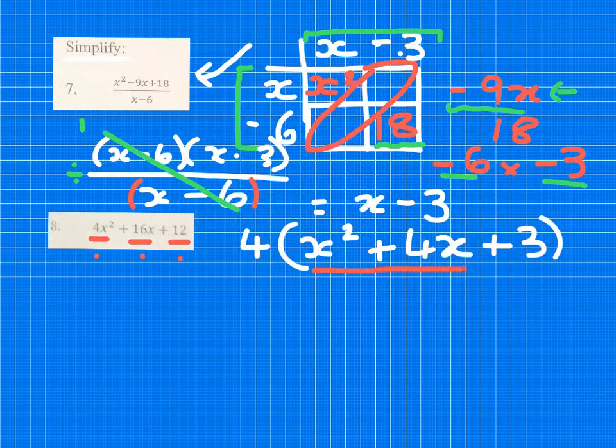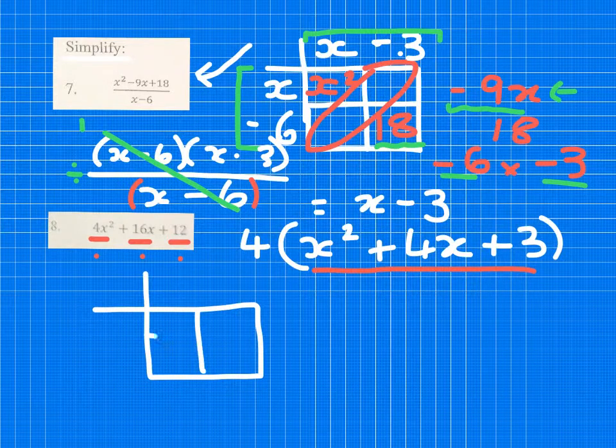Here is a quadratic expression which can be factorised. So we now need to go into x squared plus 4x plus 3 and fully factorise that. We've got x squared, we've also got 3, and we've got these two numbers in here, which will add together to make the 4x.